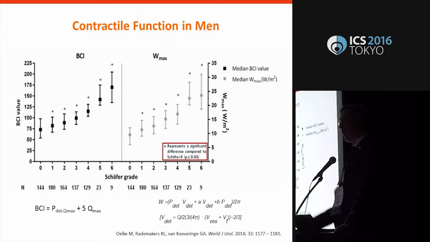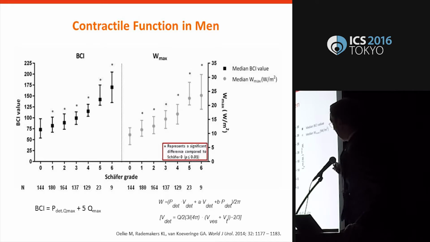The problem is that a patient with detrusor underactivity and incomplete voiding may strain, and straining leads to an increased Qmax. Because this Qmax is artificially high, you multiply it by 5, and there may be a problem with the calculation of the bladder contractility index.